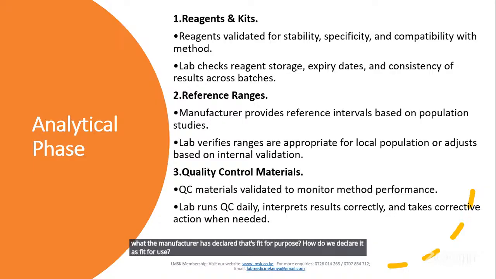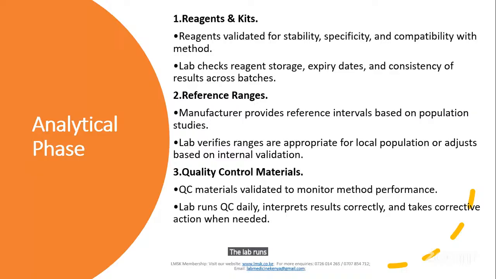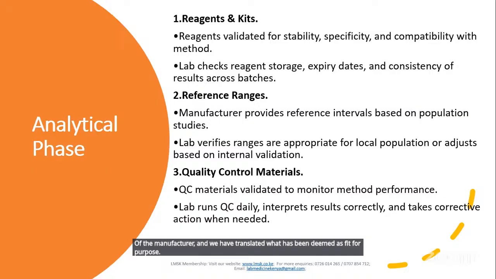The lab runs daily QC, interprets results correctly, and takes corrective actions when needed, okay? Once these are done and they are okay, it means we have validated, we have verified the assertions of the manufacturer, and we have translated what has been deemed fit for purpose to fit for use.